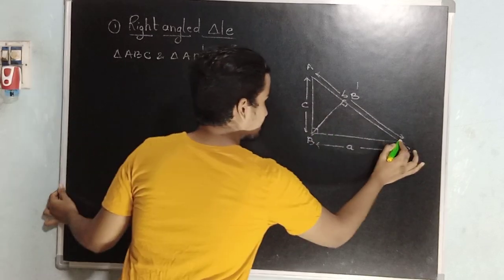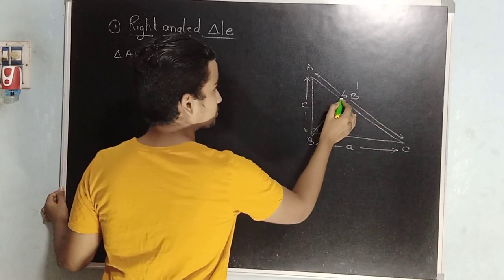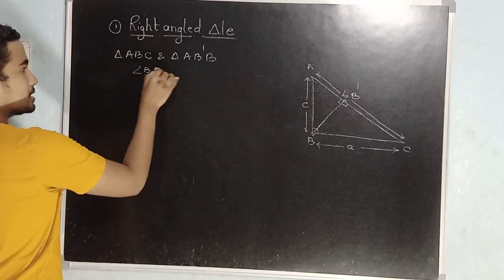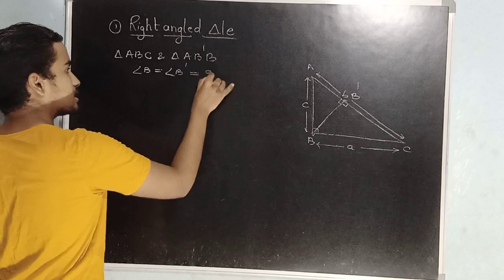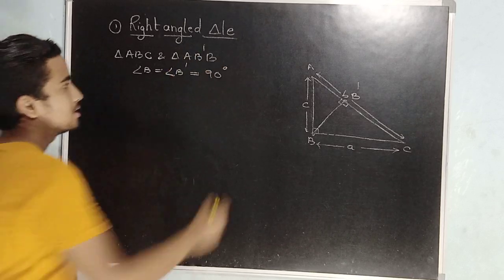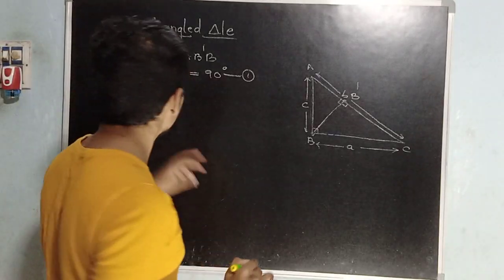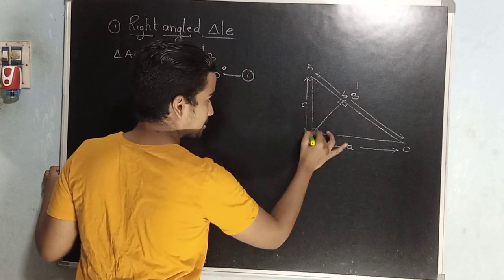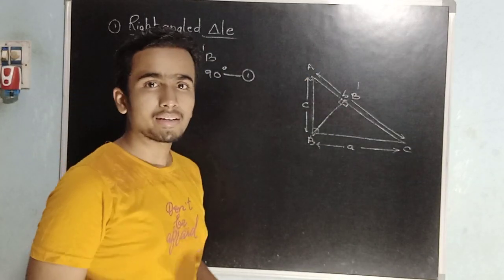In comparing this triangle and this triangle, angle B in the first and angle B dash in the second are equal, which is nothing but 90 degrees. Right. This is our first condition. Now, among these two triangles, AB is going to be the common side, right?